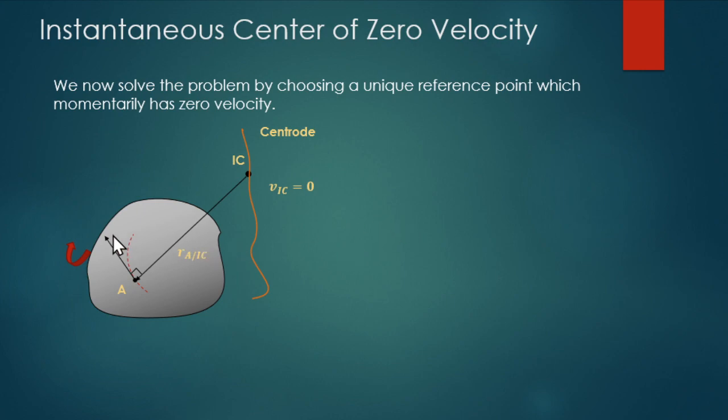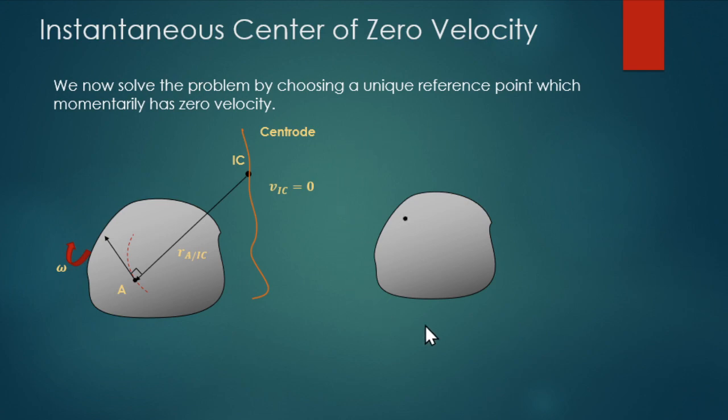And then because this body is subjected to the velocity, it can also create a rotational motion from A to the instantaneous center. So now we also have this figure.